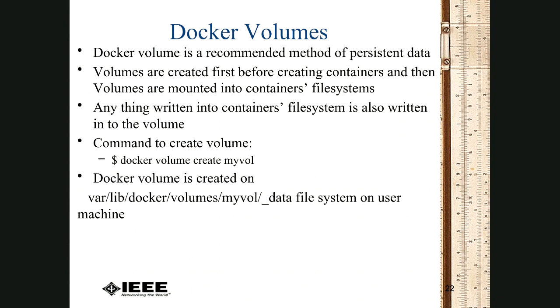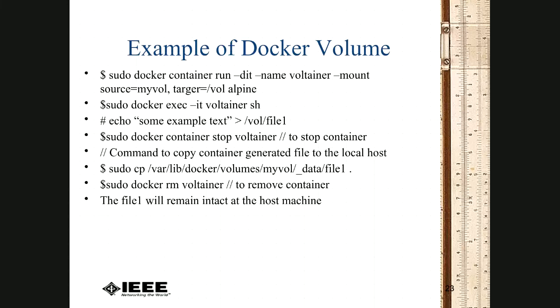This is the place Docker will create for the volume, and then that volume can be connected to the container. Like you say, source is myval, target is /vol, where vol is coming from this Alpine image. This is the way you connect to the Docker volume and retain the data.